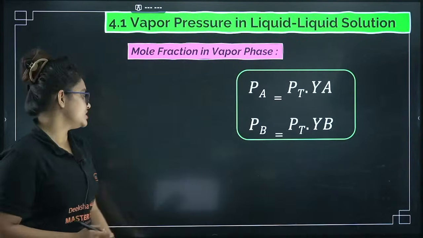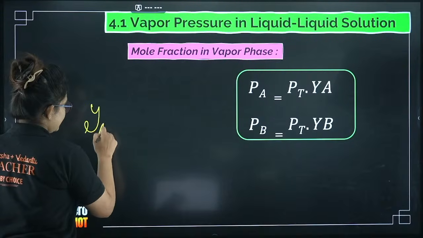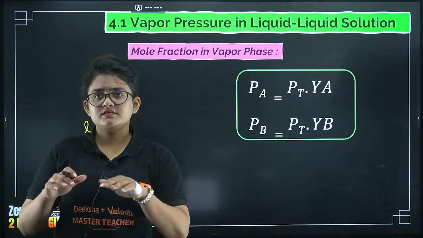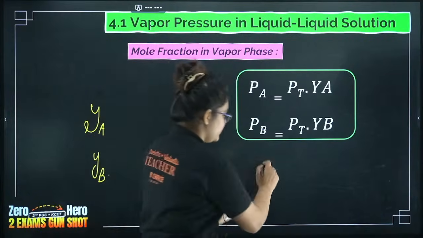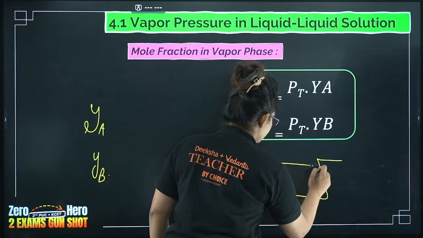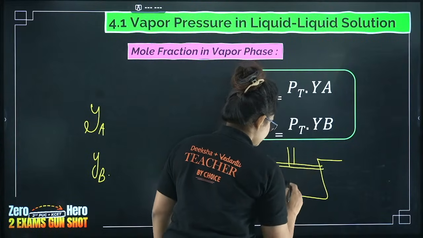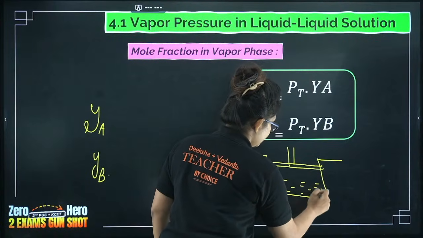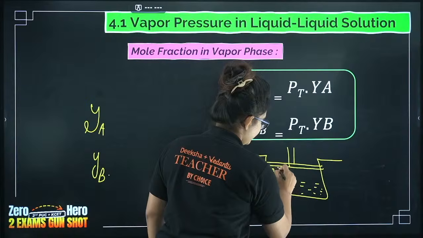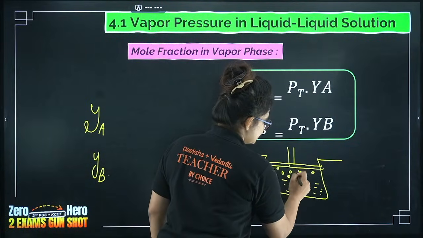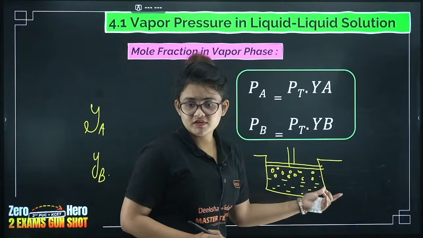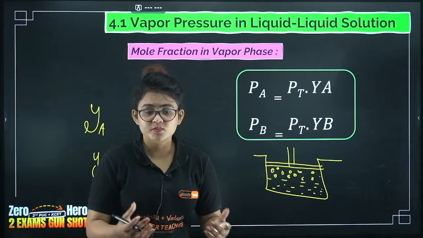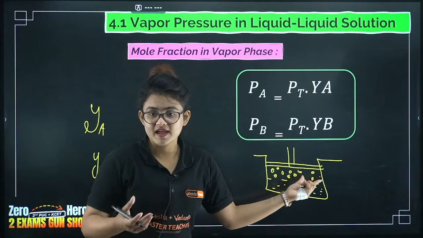The vapor phase composition of YA and YB means, in my particular case I am having both the liquid A and B, and in the vapor also I am having the vapor of A and vapor of B as well. Now if I want to ask you what is the composition in the vapor of A and B, how will you find it?